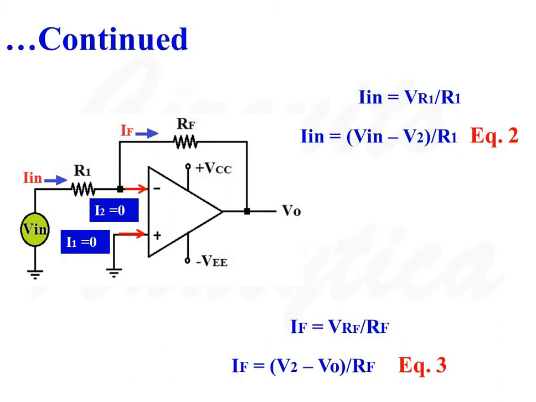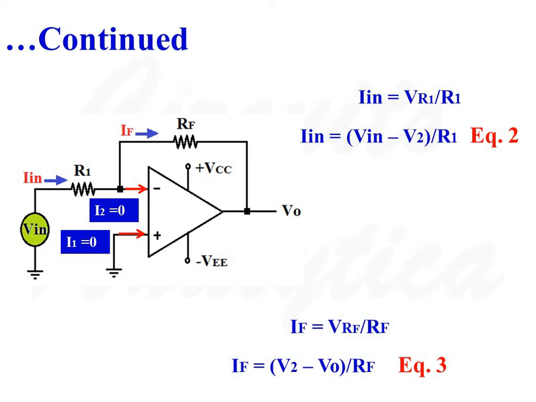Now let us write expressions for I-in and IF. I-in is equal to VR1 divided by R1. That means I-in is equal to V-in minus V2 divided by R1. This is equation number 2. Similarly, we can write IF is equal to VRF divided by RF.